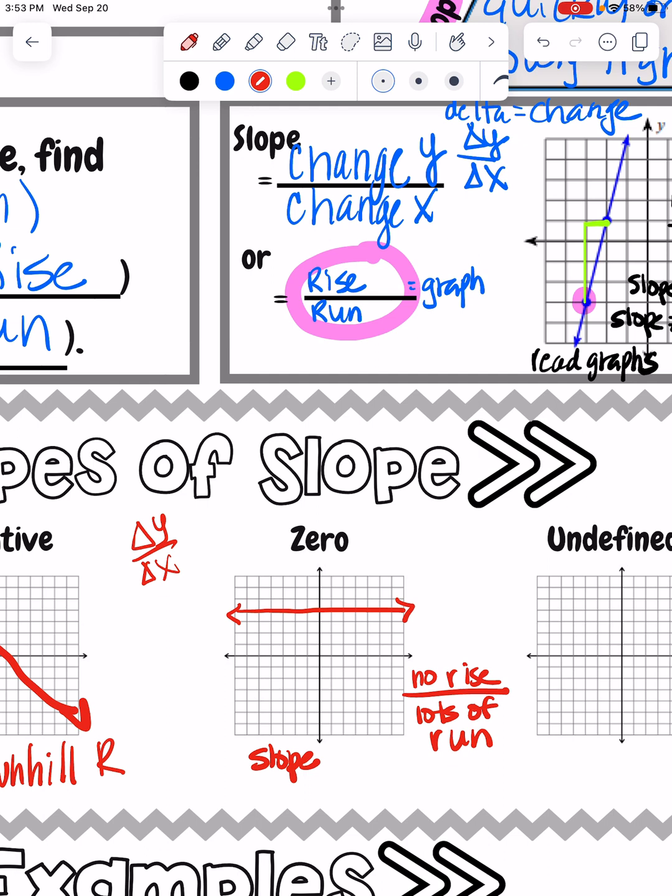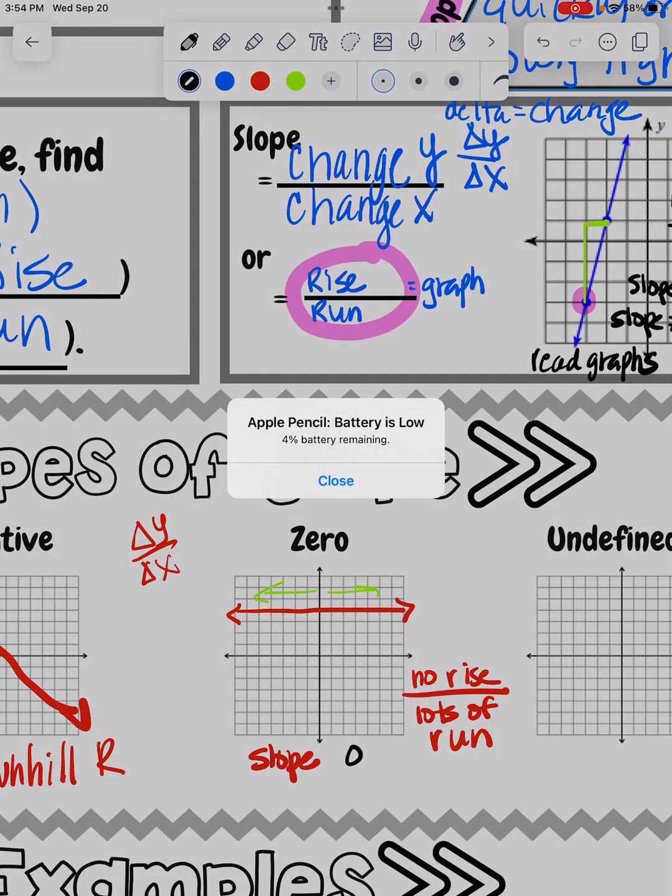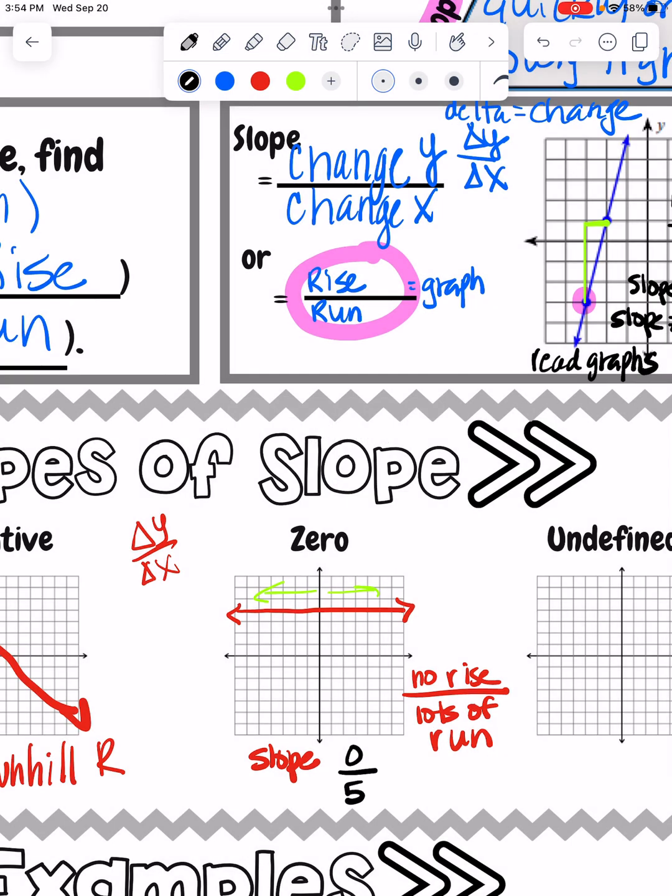We have no rise, but we have a lot of run because this line is going left and right. So in our slope, the number that we would write as a fraction could be 0 over 5. And if we simplify 0 over 5, our slope would be 0.